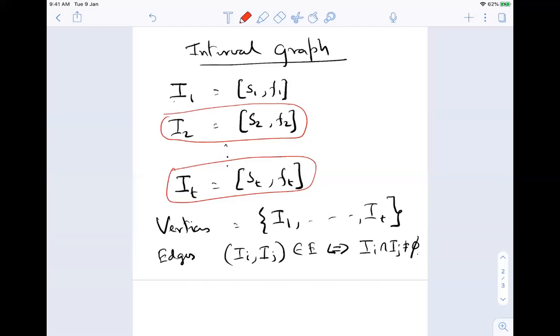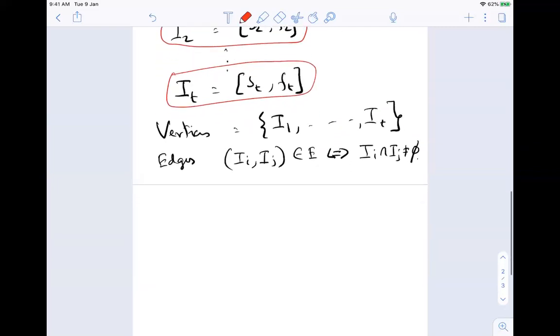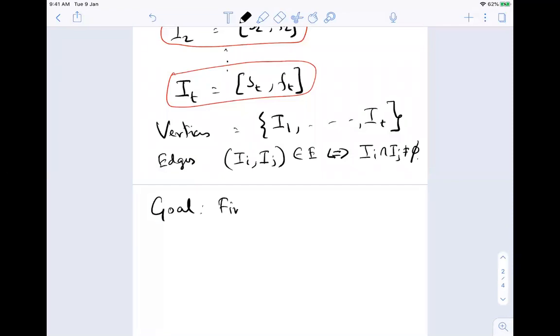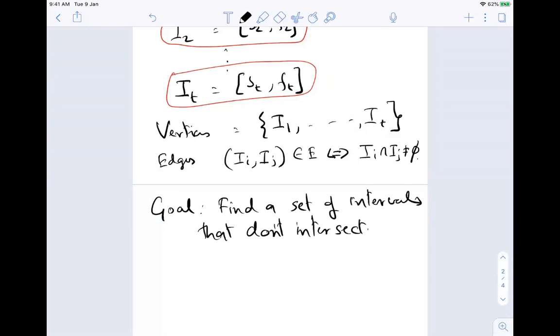So your goal was to find a set of intervals that don't intersect. So what does it mean in this language of graphs?